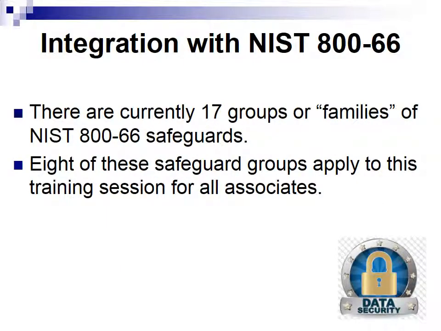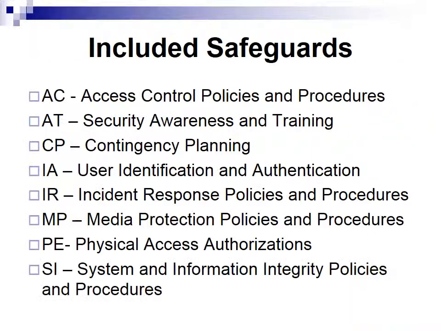Safeguards are grouped into families. 8 of the 17 families of safeguards are included in this security awareness training. The 8 families of safeguards included in this training are access control, security training, contingency planning, user identification, incident response, media protection, physical access, and system integrity.